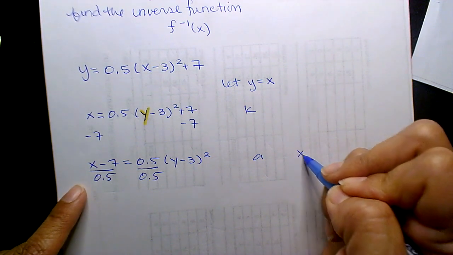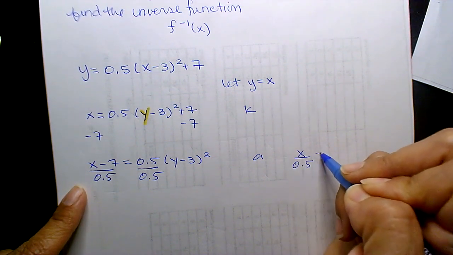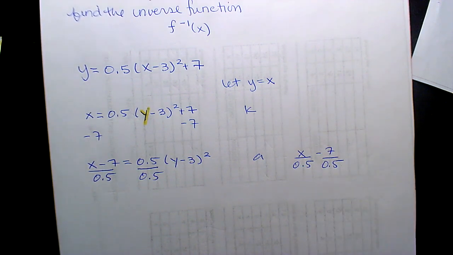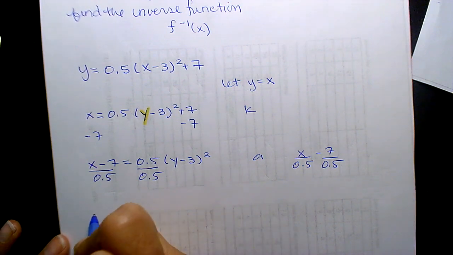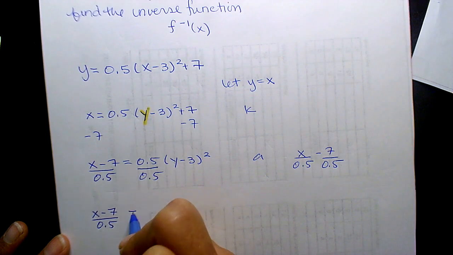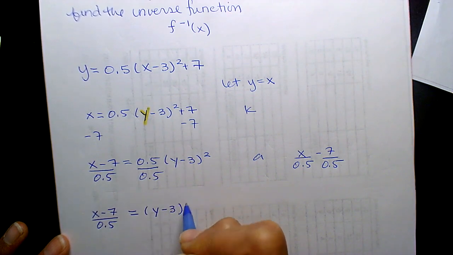Do you want to write it as x over 0.5 minus 7 over 0.5? When we come to the end, I'll write it separately, but for now, I'll just make it one big rational function. Okay, so then I get (x minus 7) over 0.5 is equal to (y minus 3) squared.